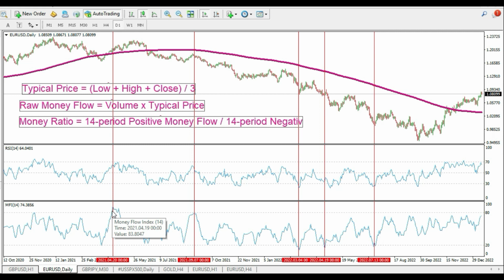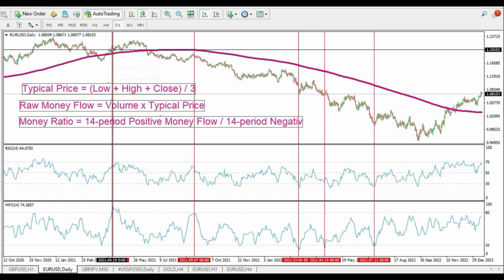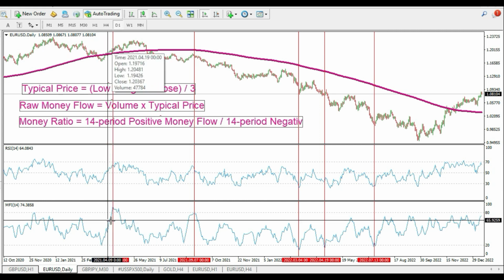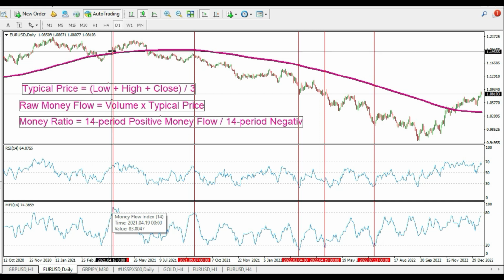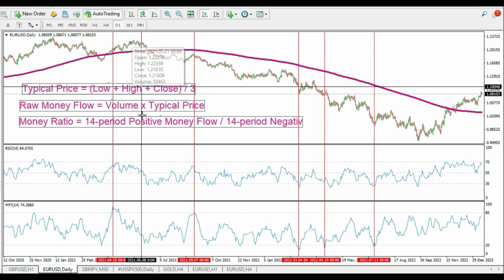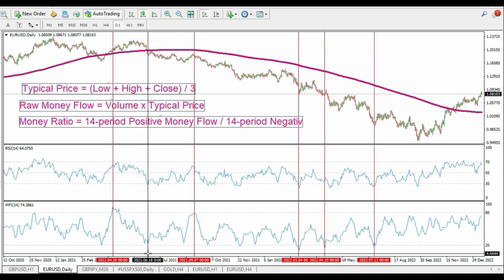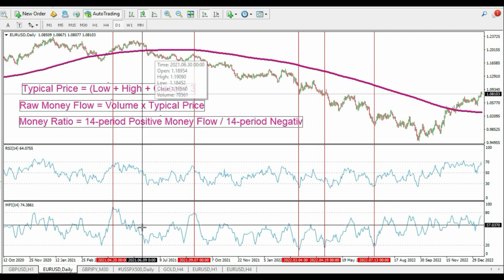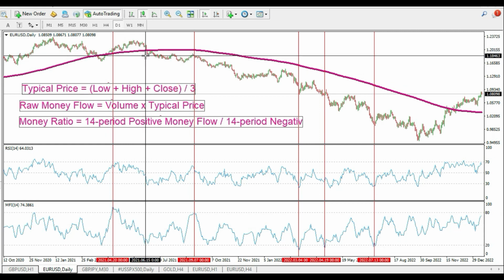Why is this important? If you look at this part, you can see that after the overbought area, the price fell, not by much, but it fell on the daily chart, and you can spot this small move.